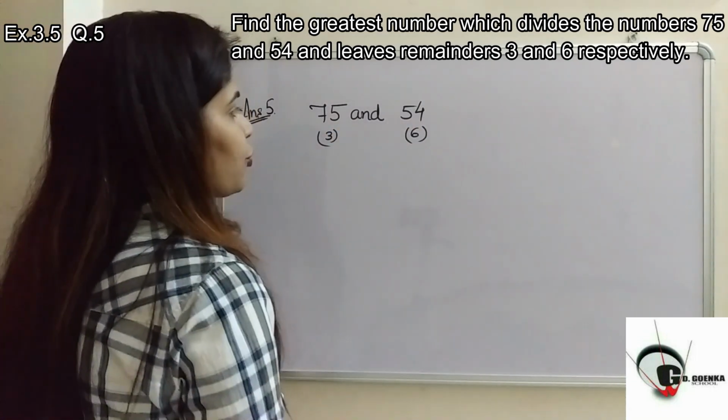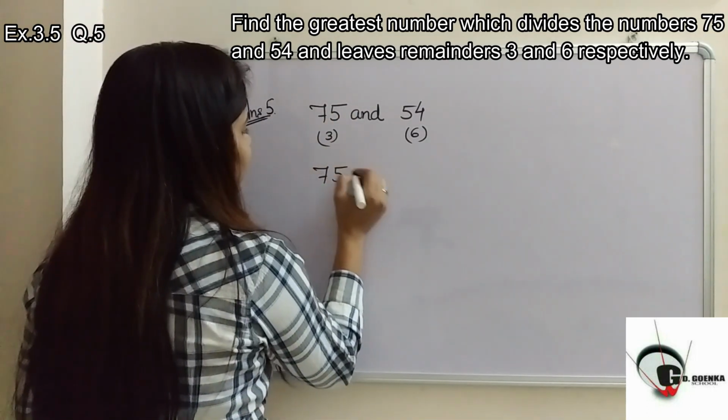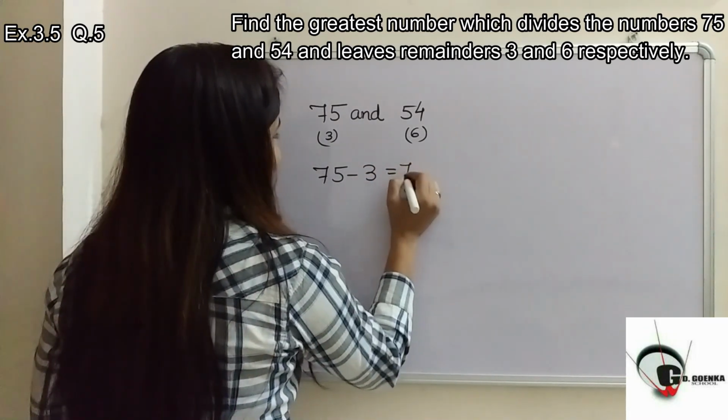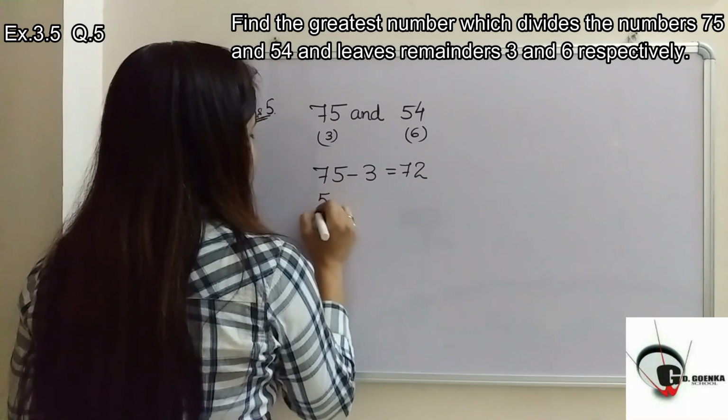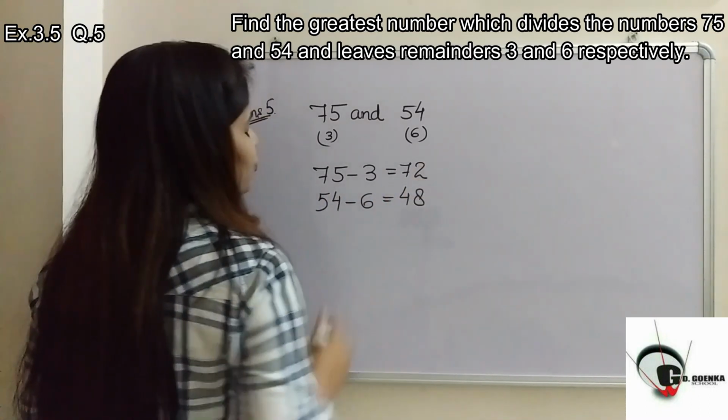For these kinds of questions, children, first of all we need to subtract the remainder from the given numbers. 75 minus 3 will be 72 and 54 minus 6 will be 48. Now we have these two numbers.